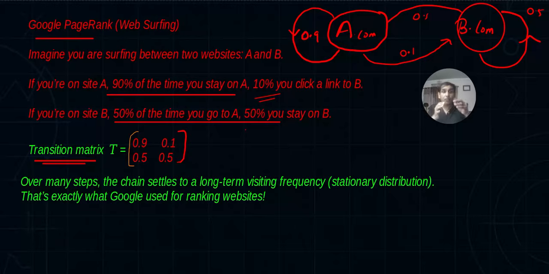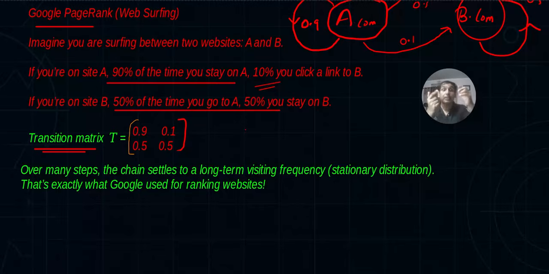And when you look for the long-term effects of such things so that they can decide the ranking of a page and how good it is to keep advertisements in a page, etc., they need a long-term vision. They want to know what will be T to the power maybe 1000 multiplied by the initial state.